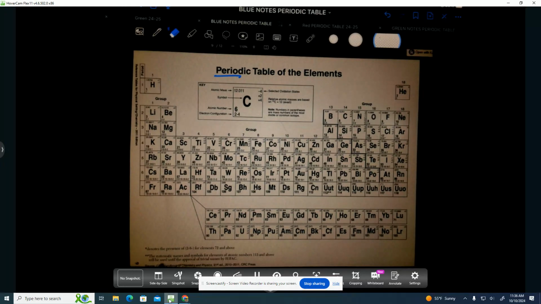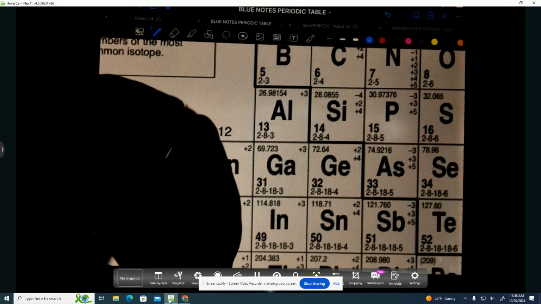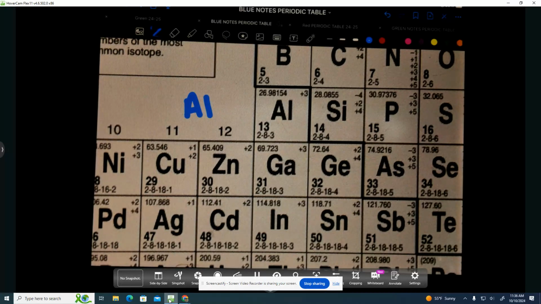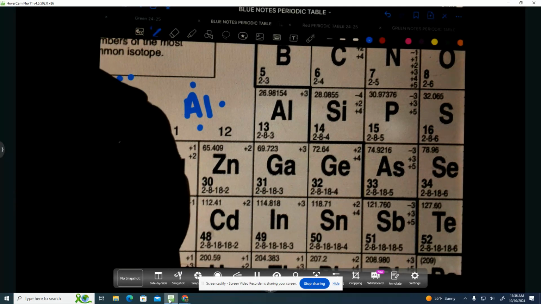On tomorrow's quiz, I'm going to ask you to draw a Lewis dot diagram of something. Do you remember how to do those? Okay, easy peasy, easy as pie. If you're going to draw a Lewis dot diagram of, let's say, aluminum, how many dots is it going to get? 3. 1, 2, 3, or 1, 2, 3.